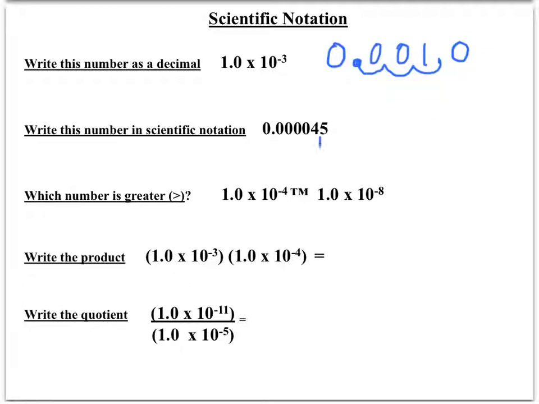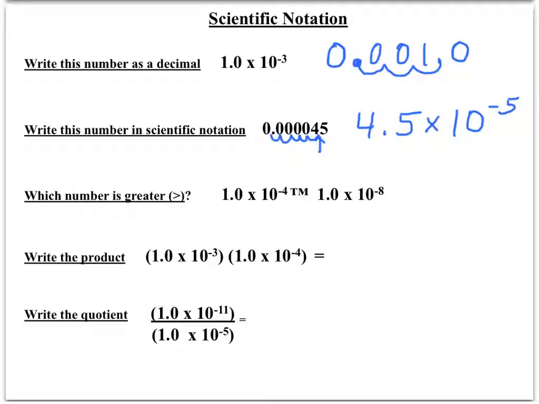Proper scientific notation places one digit to the left of the decimal and the rest to the right. In order to write proper scientific notation, the exponent is a function of how many decimal places we will move the decimal. In this case, it would be 2, 3, 4, 5. So the answer is 4.5 times 10 to the negative 5.